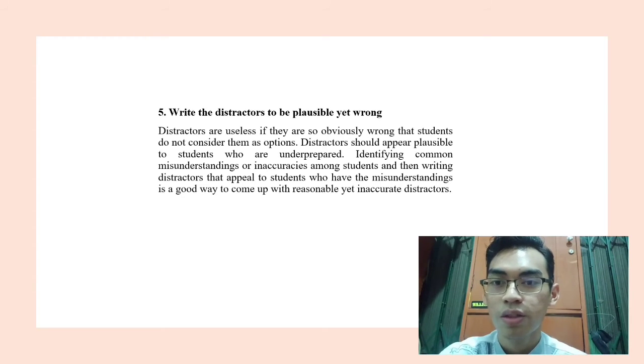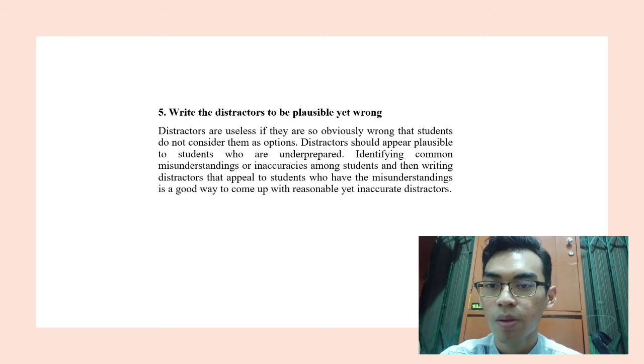Distractors are useless if they are so obviously wrong that students do not consider them as options. The purpose of a multiple choice item is for students to distinguish between what they perceive to be possible correct answers. Distractors should appear plausible to unprepared students.